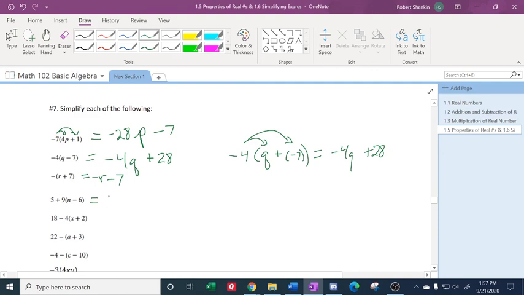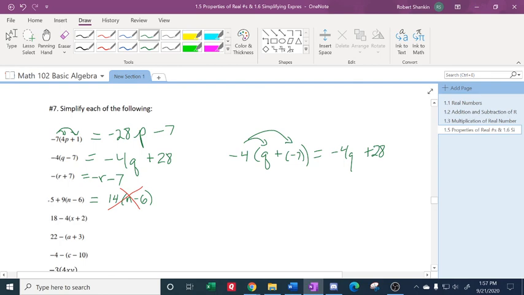A common student mistake is to add these two together, but that's an error. The problem with that is that 9 is being multiplied by this, and so multiplication has to come before addition. But what's even easier to see is terms.